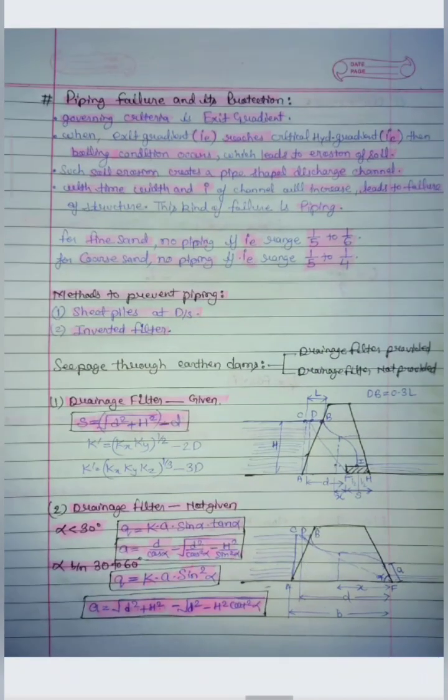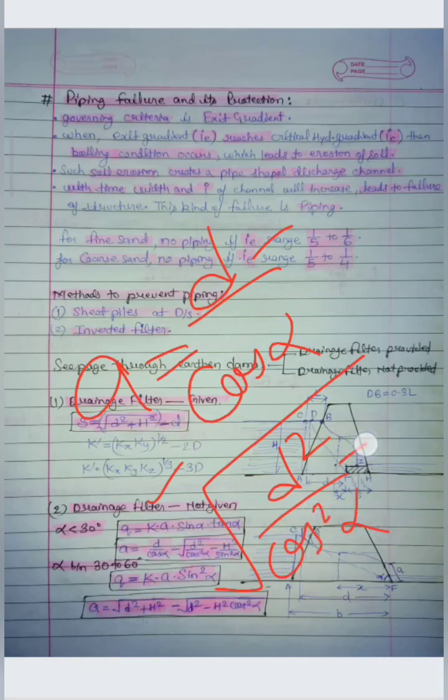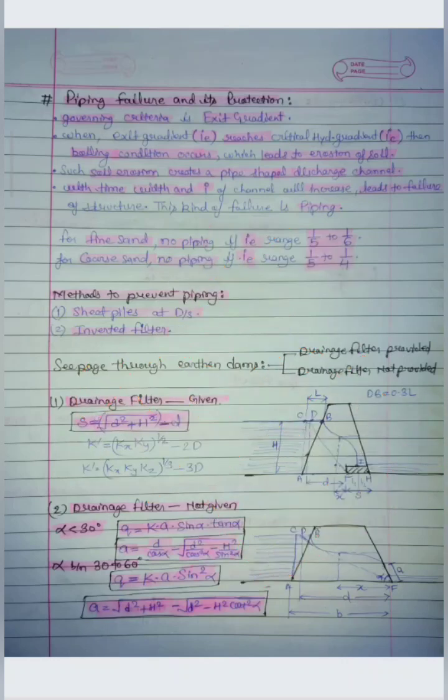So in this condition, if the alpha is less than 30 degree, then the flow of the seepage can be found by Q equals K into A into sine alpha into tan alpha. Also A can be found out by D upon cos alpha minus under root D square upon cos square alpha minus H square upon sine square alpha. So by this we can find that A distance.